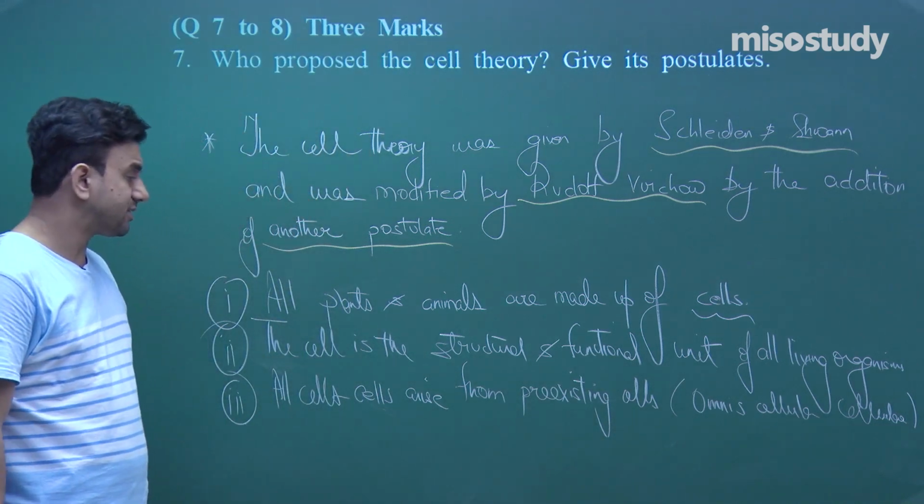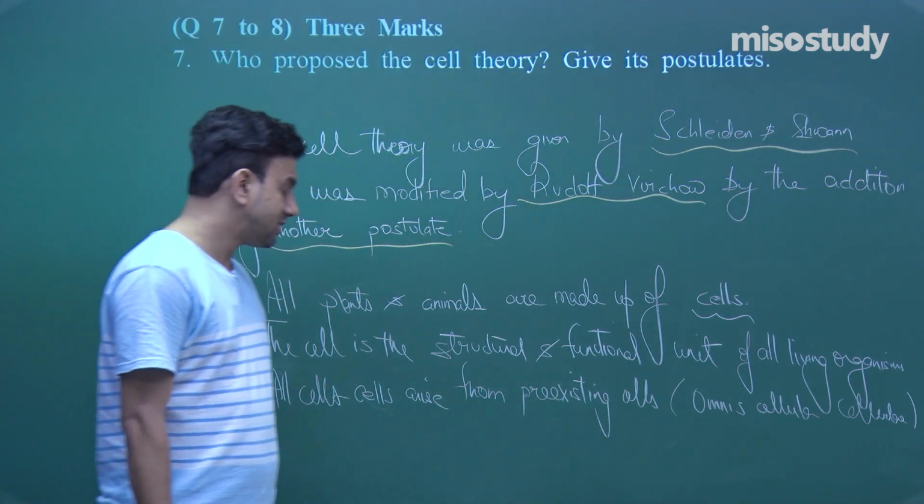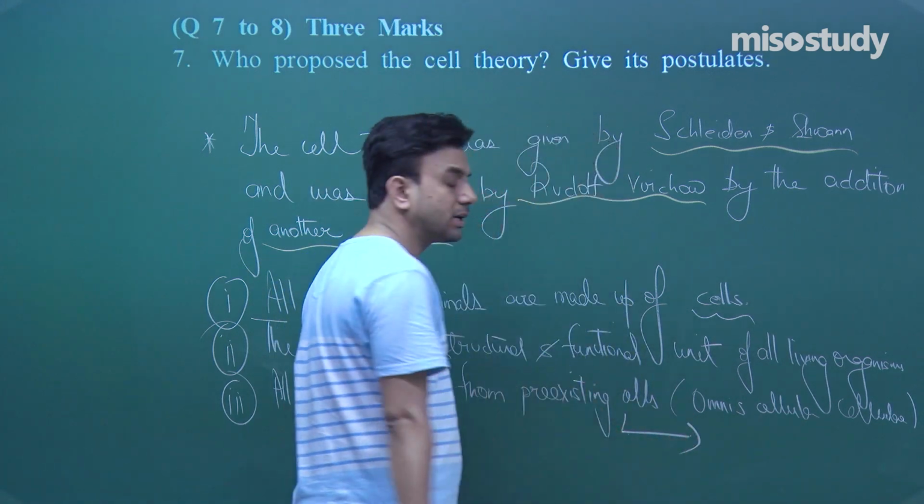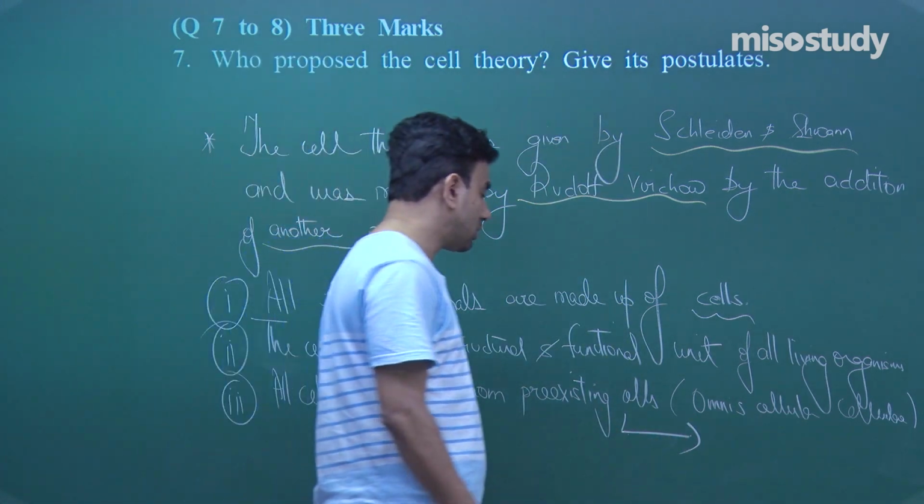That is, all cells arise from the pre-existing cells, and this last postulate was given by Rudolf Virchow.